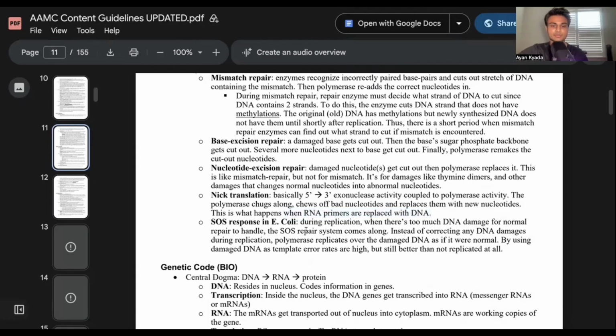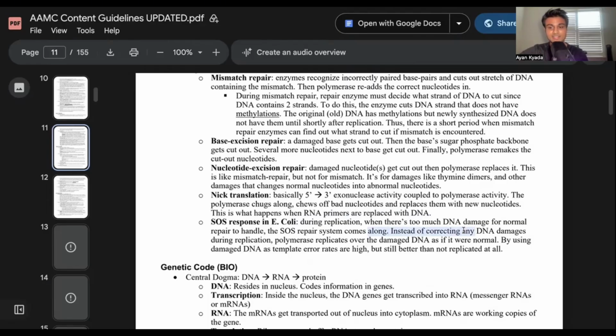And the SOS response in E. coli is used in emergency scenarios, essentially. So during replication, instead of trying to repair a heavily damaged sequence of DNA, what the SOS repair system does is it overrules the repair mechanisms in place.